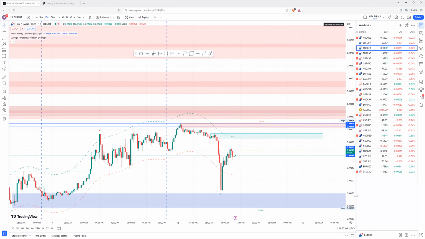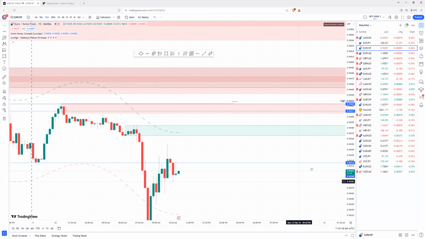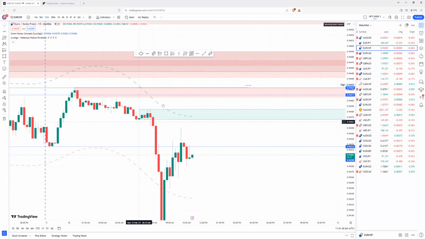So now this is a good supply area because this made the pull down. With that, you can identify that this is a nice area because it made this pull down.